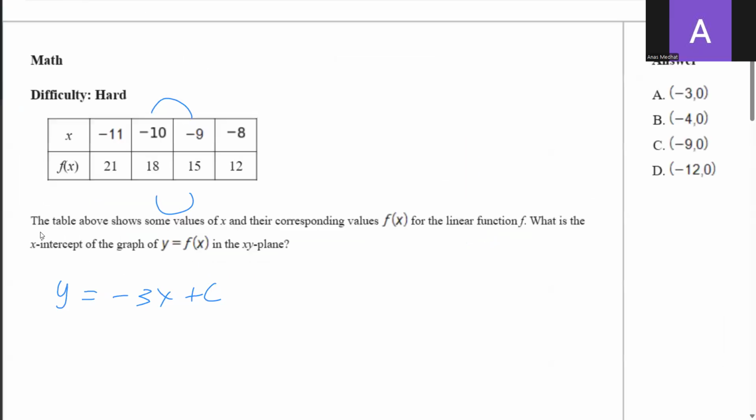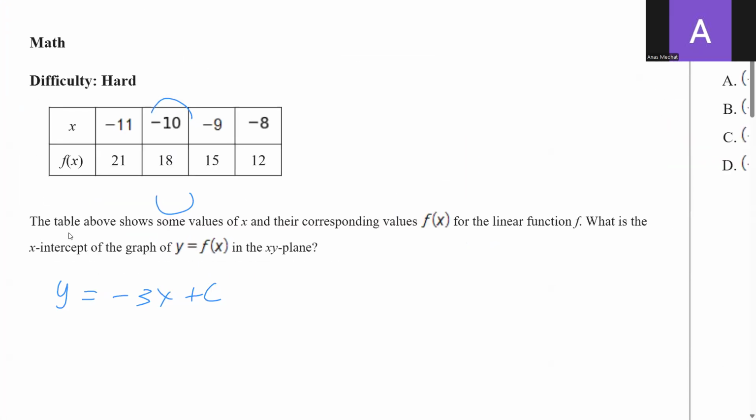Then you have to find c by taking one of the points and substituting. Let's do it. 18 equals minus 3 times minus 11, which is 33, plus c. Shift this to the other side. 18 minus 33 is minus 15.